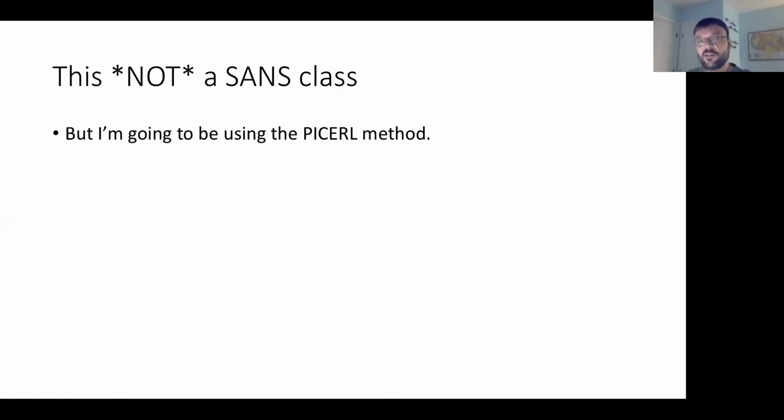But in the different letters of PICERL, P is for prepare, which is probably the most important phase of incident response. We're going to be spending an inordinate amount of time, though, on identify. Identify is probably where PowerShell is most underutilized, in my opinion.